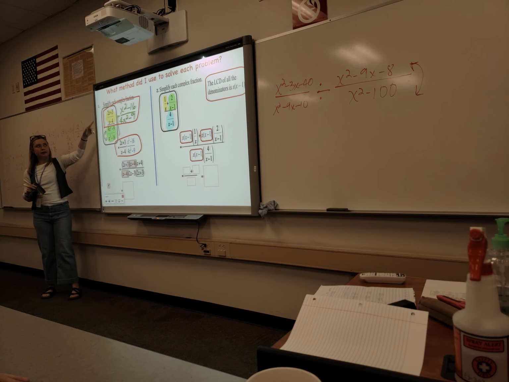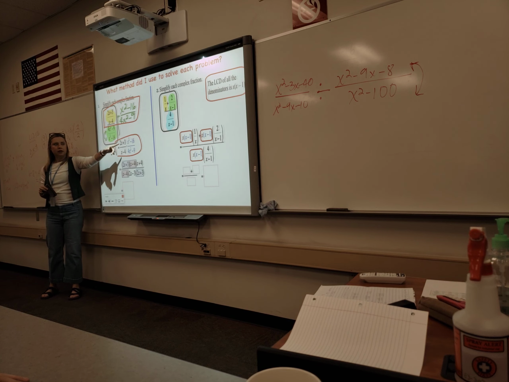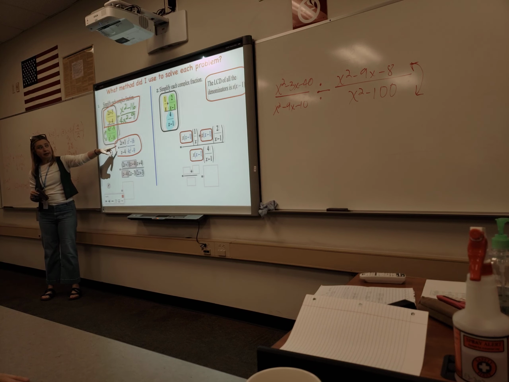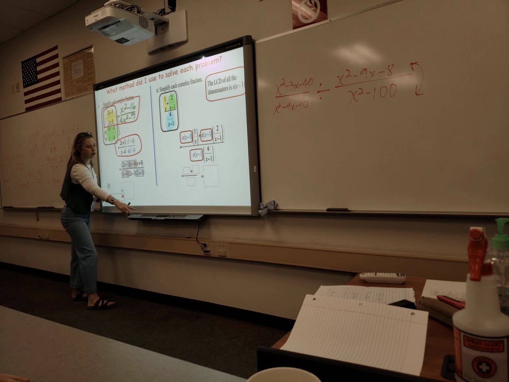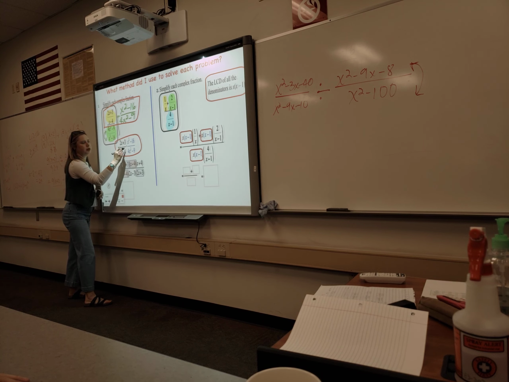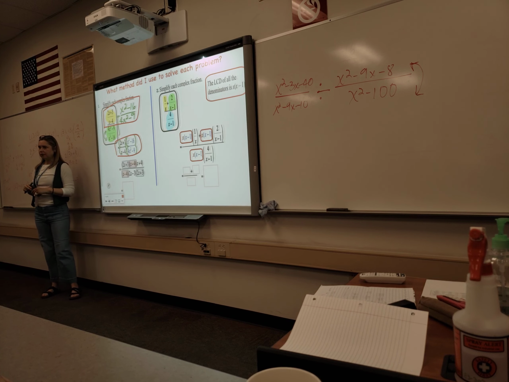Okay, took the second fraction, flipped it upside down, and now I have some things to factor, some things that I can't factor. But let's be clear here what we're doing. Those parentheses are important. Keep them.